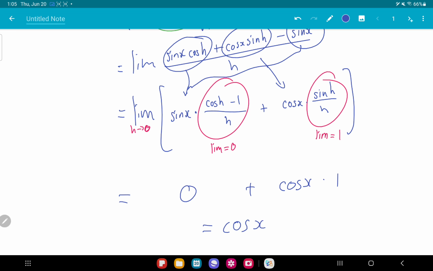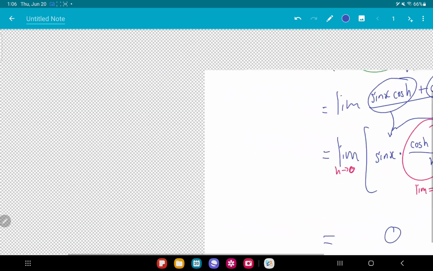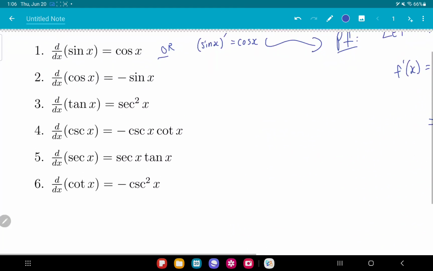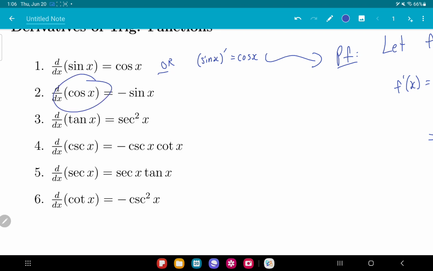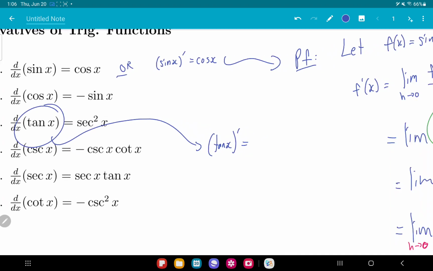Now, if you want to prove the other ones, let me see, cosine, you can use a similar technique. And then tan, I would say, I would take a more direct approach, or I would use the fact that tan x is sine x over cos x, and then do a quotient rule.